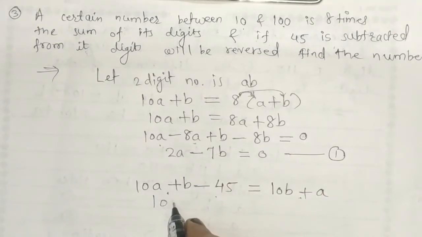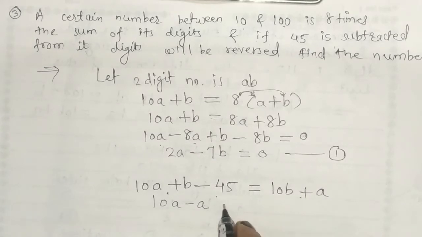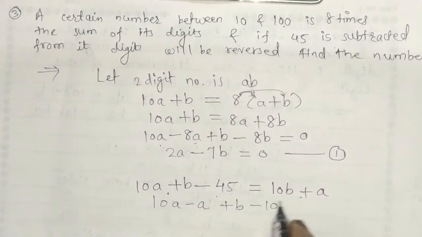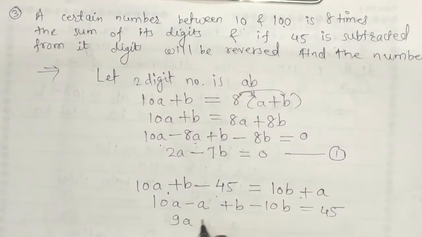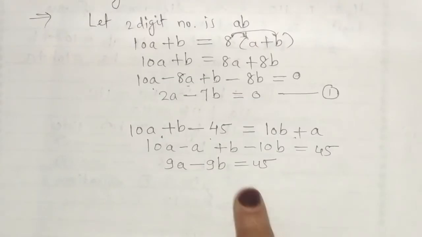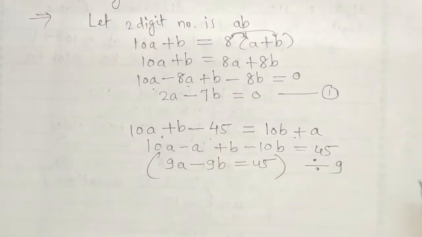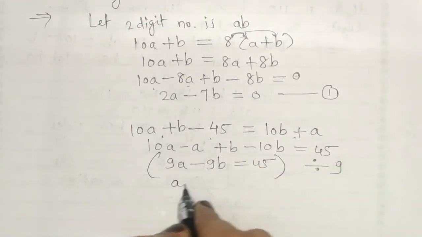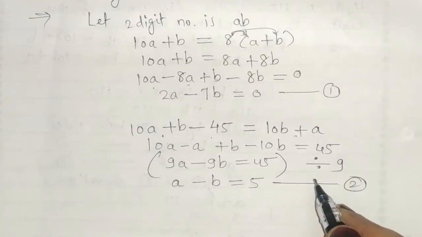So again we'll solve it. 10A plus this, A will come here and become minus A, minus 10B, and this 45 will shift there. 9A minus 9B is equal to 45. Now on both sides we divide by 9. So 9 by 9 is 1, A minus B is equal to 5, 9 fives are 45. This is equation number 2.